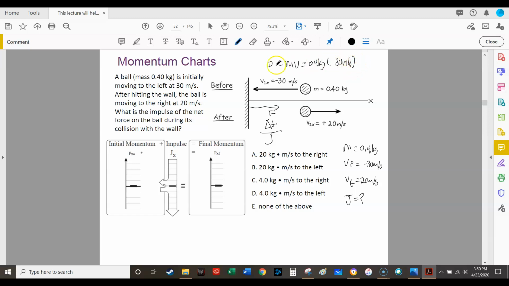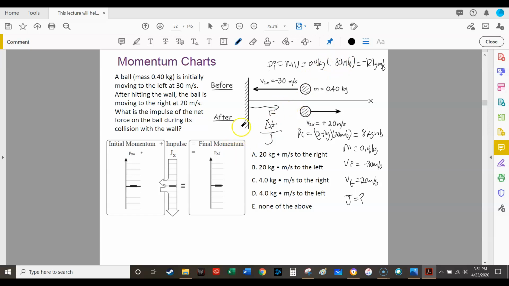This initial momentum coming in to the left is going to be negative 12 kilogram meters per second. The final momentum going out is going to be 0.4 kilograms times 20 meters per second, right? So what is that, 8 kilogram meters per second? Cool. I probably could have done that in my head.